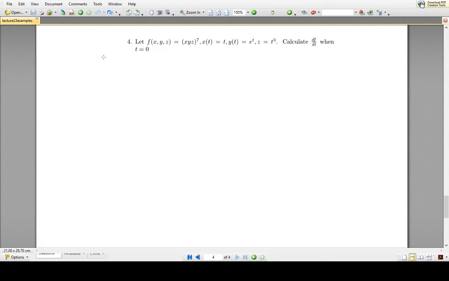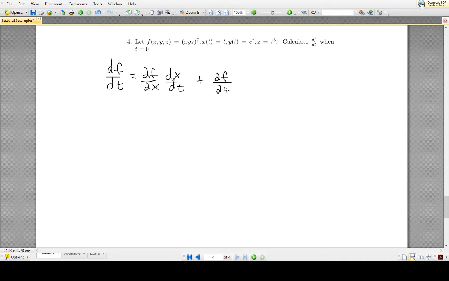So we're going to need the chain rule here, specifically the chain rule for three variables, and so we'll just write it down now. The derivative of f with respect to t is equal to the derivative of f with respect to x times the derivative of x with respect to t. This essentially gives you how fast f is changing with respect to t because of the variable x, or via the variable x.